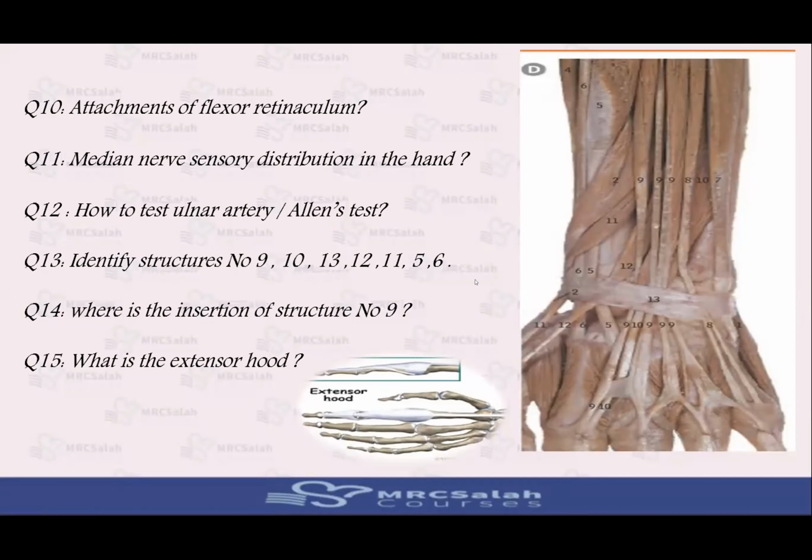Okay, how do you test for the ulnar artery, or what is Allen's test? Allen's test: elevate the hand and compress both the radial and ulnar sides for 7 seconds, then decompress and check the flow.